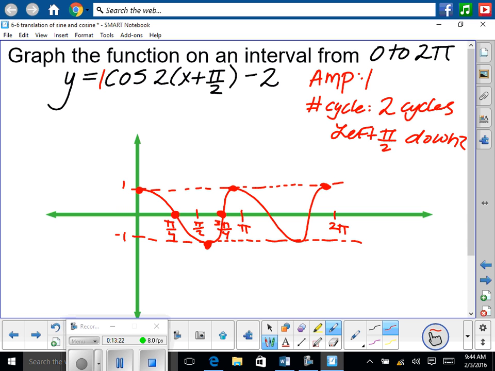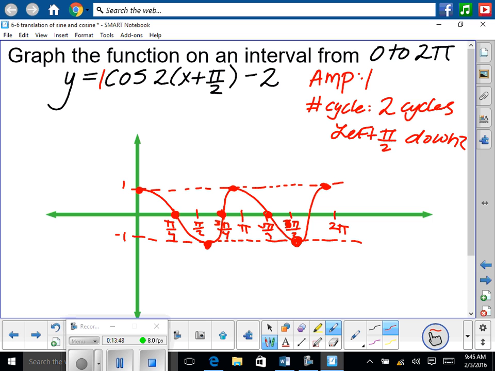And this is 4 pi fourths, right here will be 5 pi fourths. And this will be 6 pi fourths, right? Which is 3 pi halves. So I'm going to write that 3 pi halves.